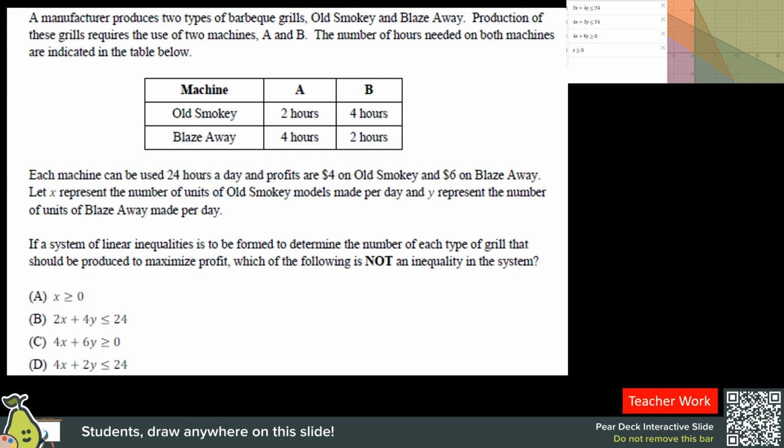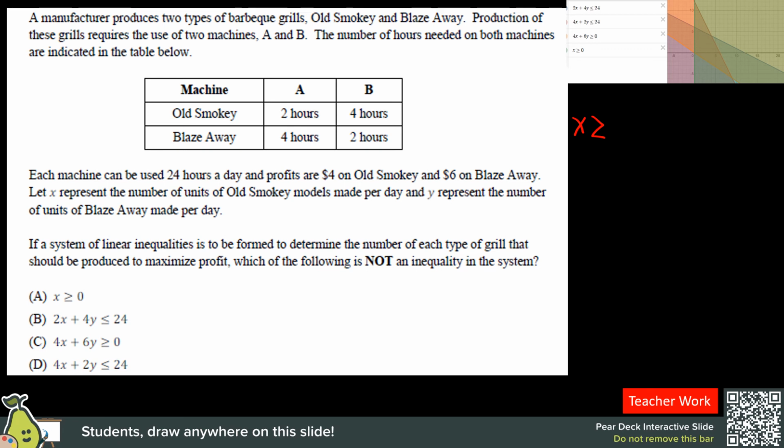So what I did is I actually graphed all of these here. And when we have situations like this, your parameter should always be x is greater than or equal to 0, and y is greater than or equal to 0.